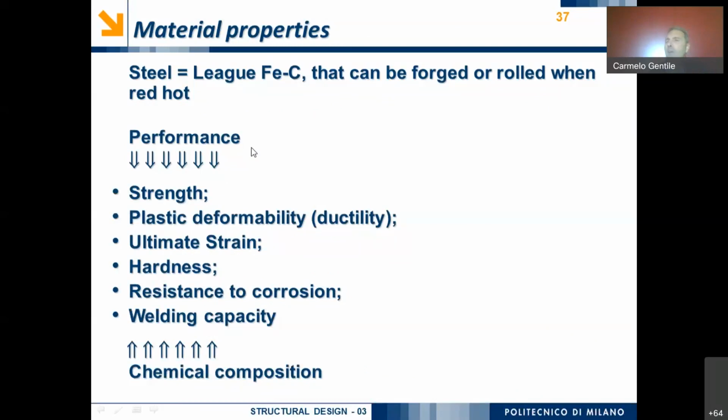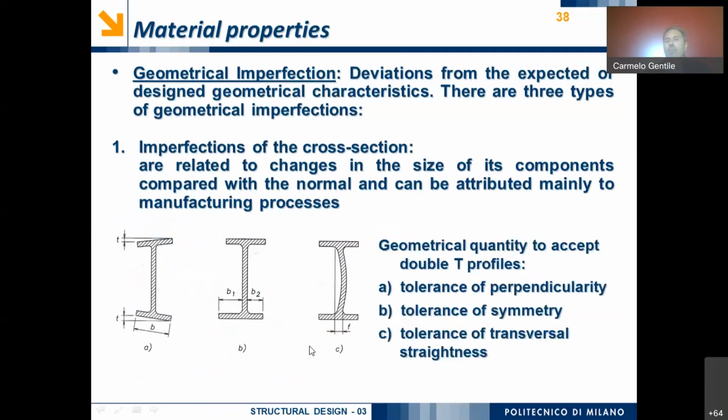All the possible performance of the material that we can define, such as the strength or the plastic deformability or ductility, the ultimate strain, the hardness, the resistance to corrosion, and the welding capacity are depending on small quantities characterizing the chemical composition of the beam, notwithstanding the fact that steel comes from an industrial production.